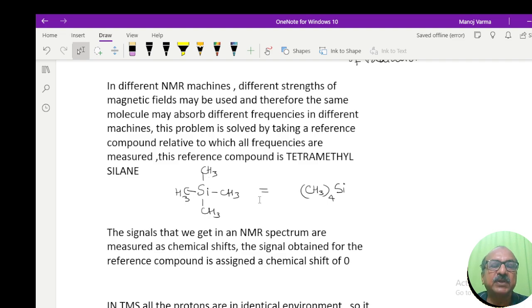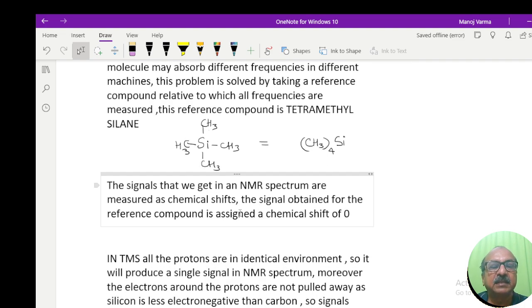And obviously the question will arise in your mind, why is this compound selected?